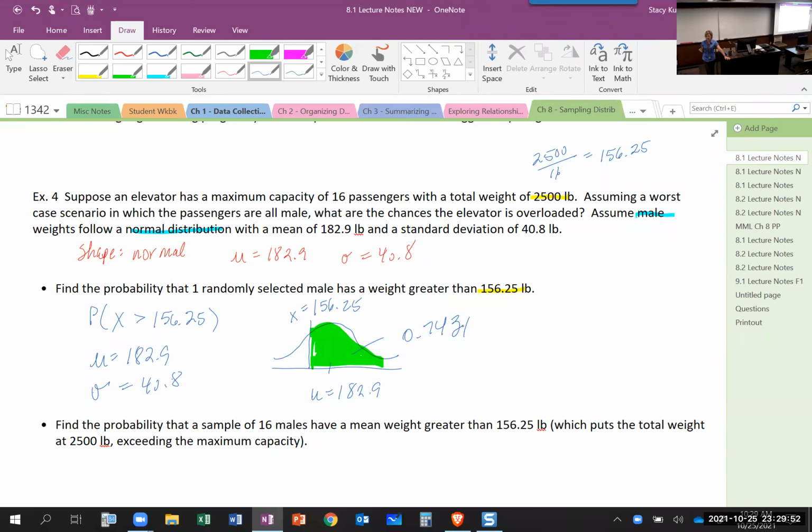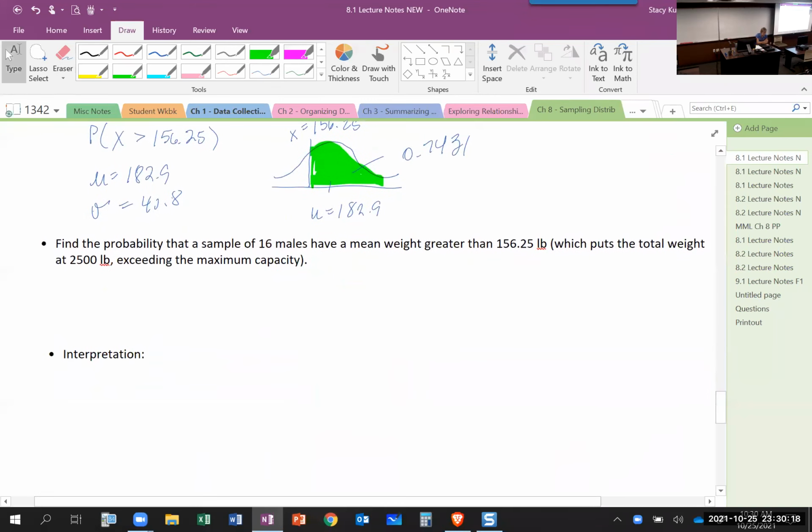The likelihood that men weigh more than 156 is approximately 74%, in general. That's what this says, according to their normal distribution, their standard deviation and their mean. So it's the chance of encountering just some guy off the street.